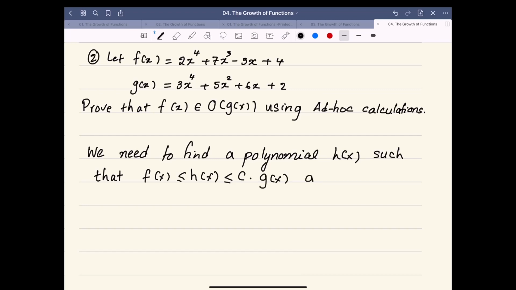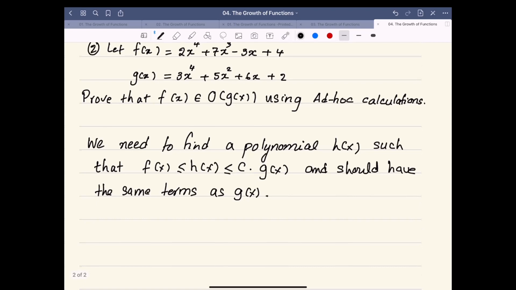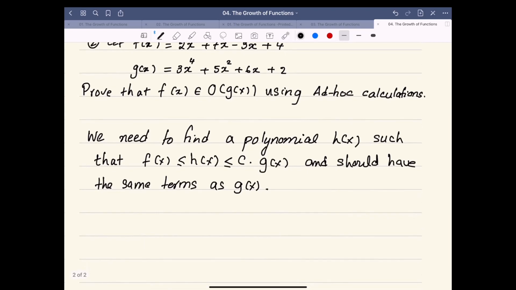At the same time, this polynomial, h of x, should have the same terms as g of x. Not necessarily with the same coefficients, but with the same terms with the power of x. So how to find this polynomial?